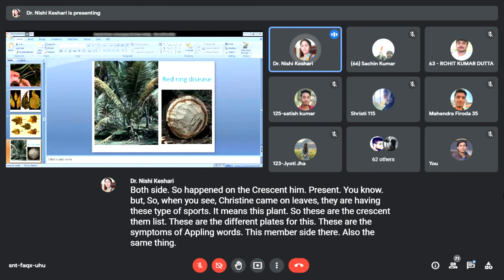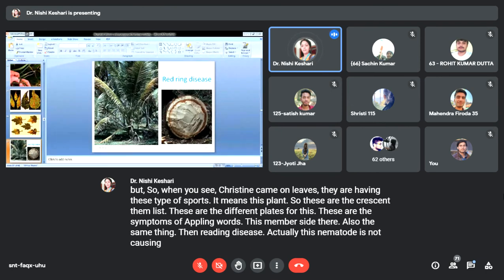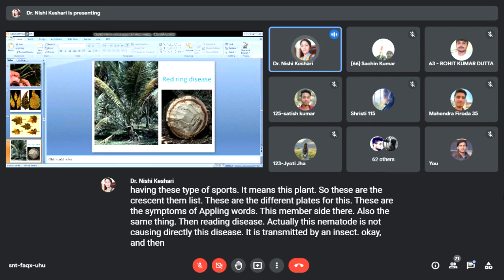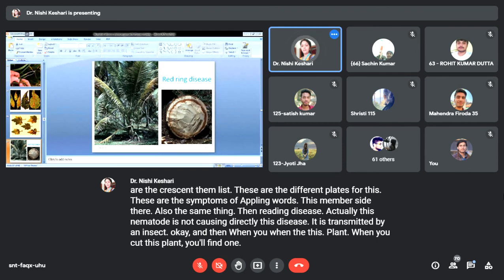Then red ring disease. Actually, this nematode is not causing this disease directly. It is transmitted by an insect. When you cut this plant, you will find one red ring there.